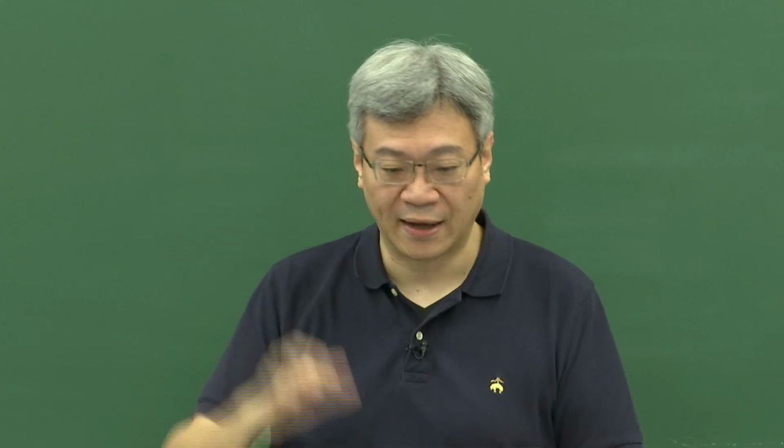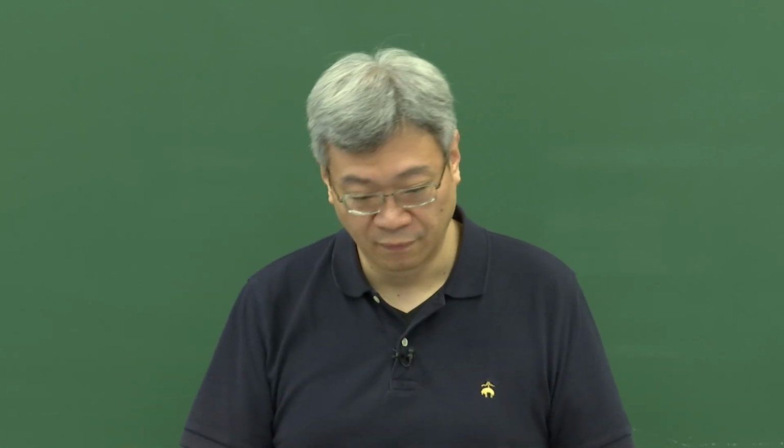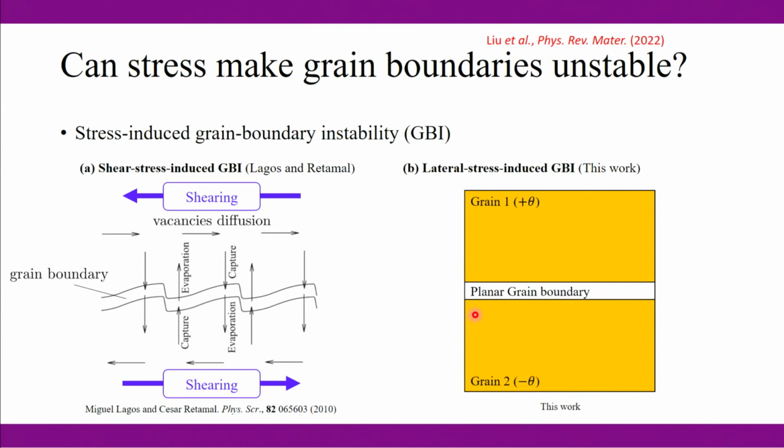The reason is that you need a rather softer solid nearby, so the harder one can bulge into the softer one. During that process, you see an elastic energy difference due to that wavy profile. But if they are all the same, you don't get anything from that calculation. So in theory, we are not expecting to see any undulation of this planar grain boundary.